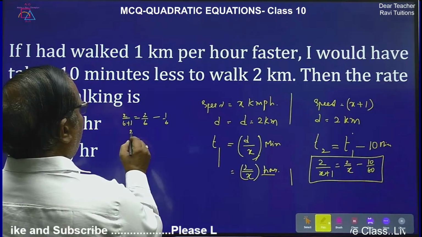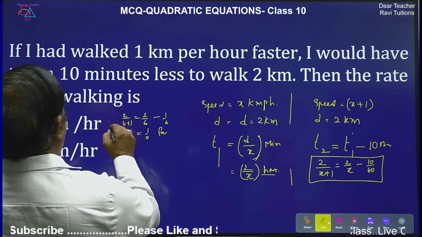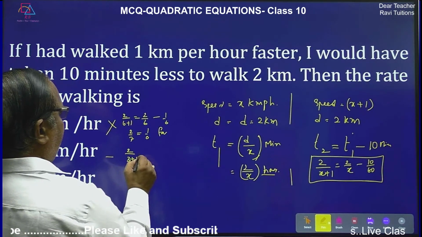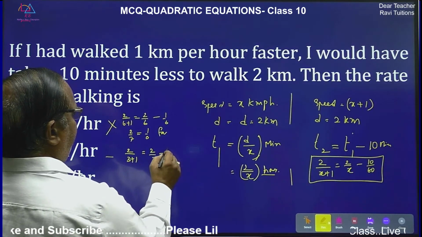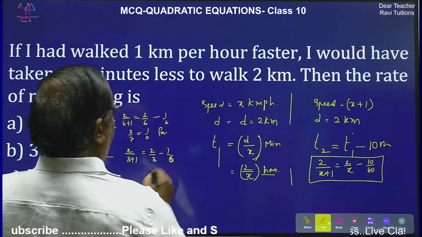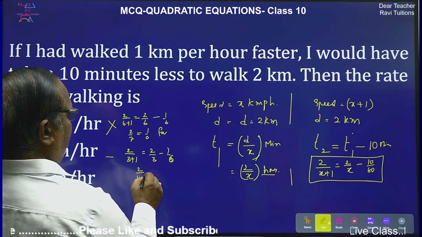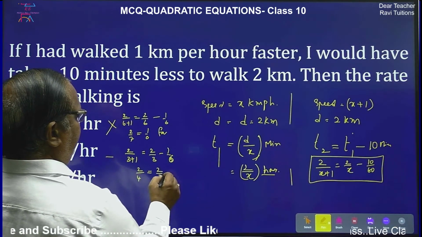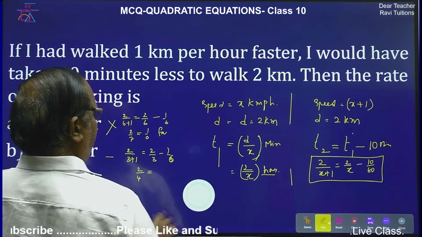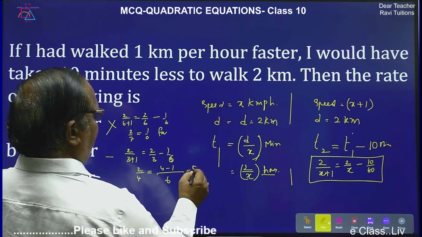So then how much? 2 by 7 is equal to 1 by 6. False. So this cannot be the answer. Now here 2 by 3 plus 1 is equal to 2 by 3 minus 1 by 6. So this is 2 by 4 is equal to 2 by 3 minus 1 by 6. 6 is the LCM. 4 minus 1, it is equal to 5 by 6.